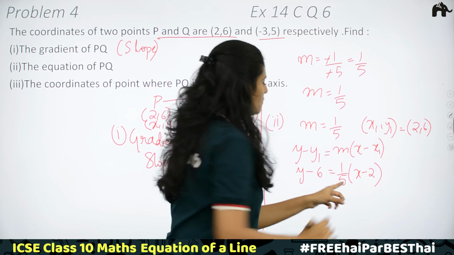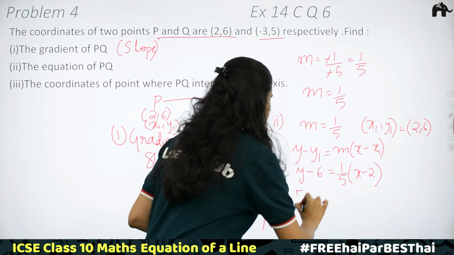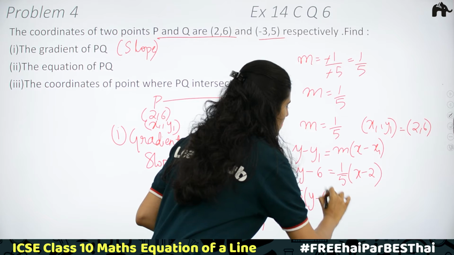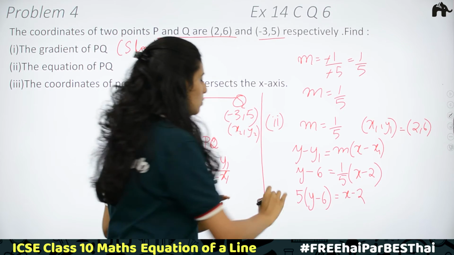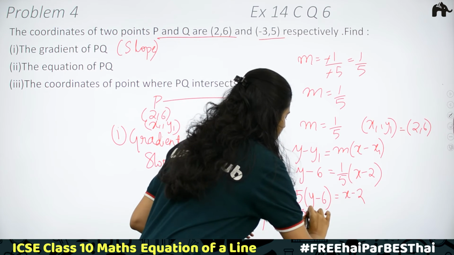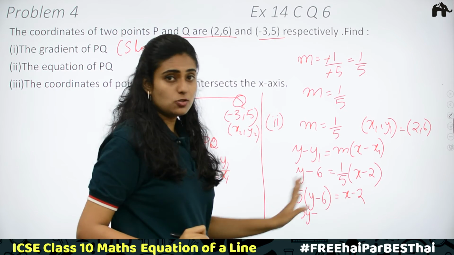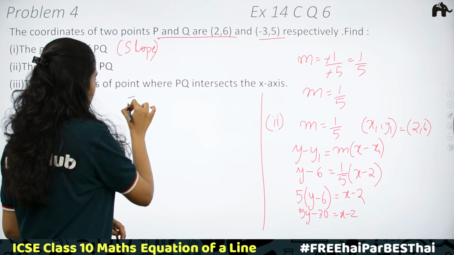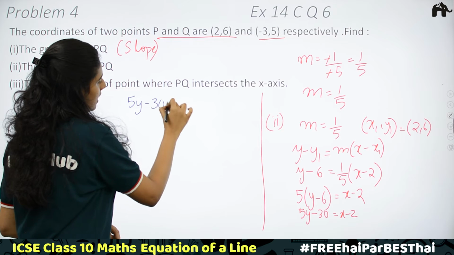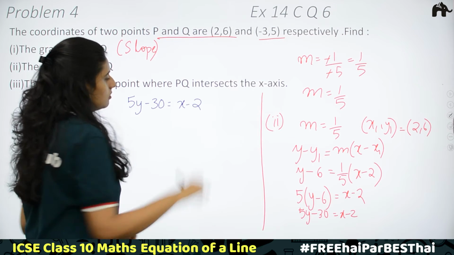That is, taking this 5 to the opposite side, 5 into y minus 6 is equal to x minus 2. Okay, removing brackets and multiplying, 5y minus 5 into 6 is 30 is equal to x minus 2. 5y minus 30 equal to x minus 2.